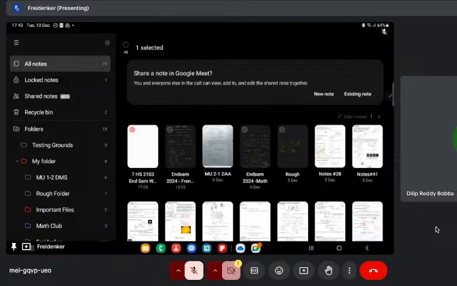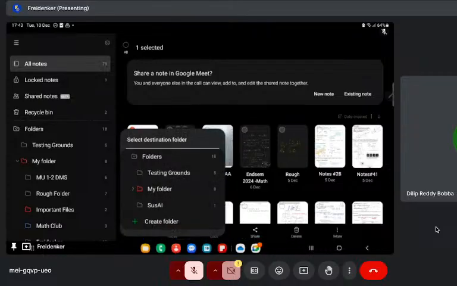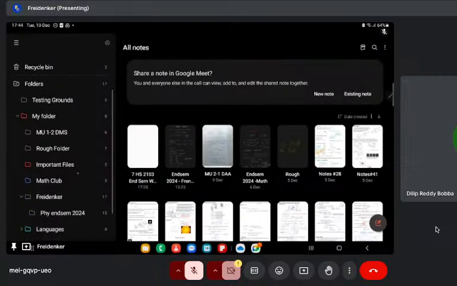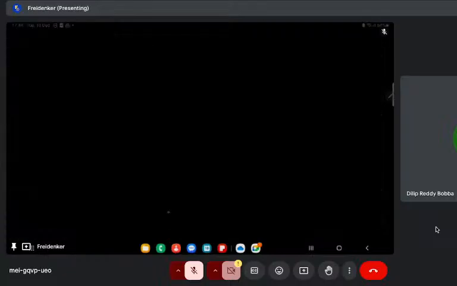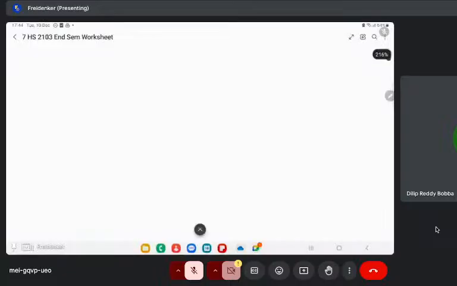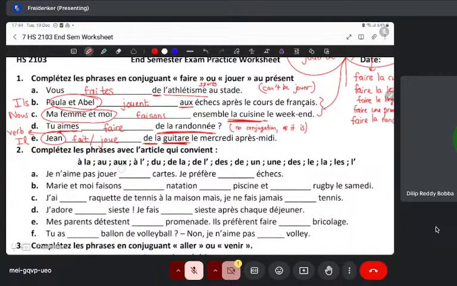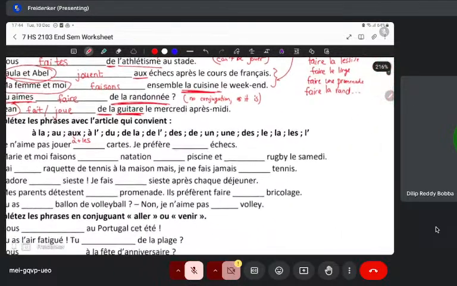Let me just move this. So jouer for sports you will get à, but cartes is plural, so you'll get les. So finally you will get aux.